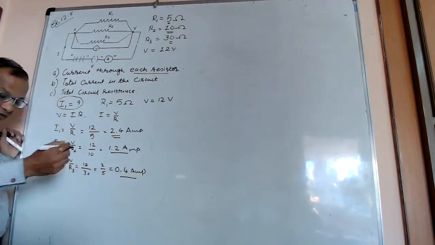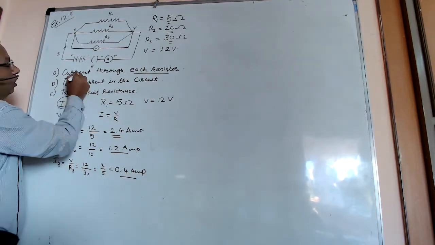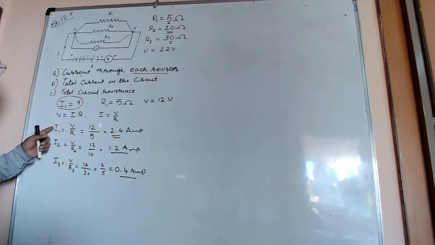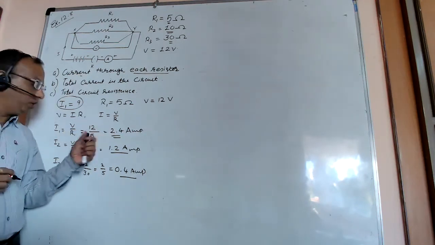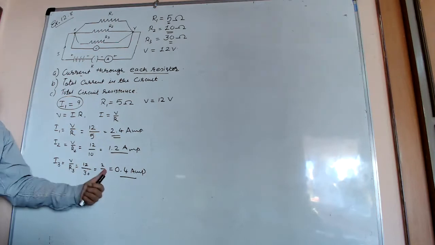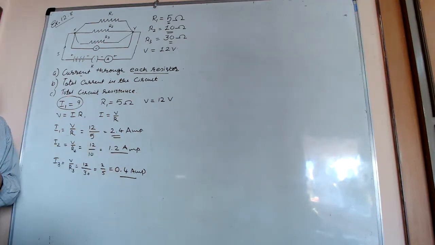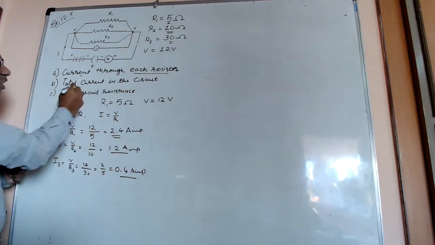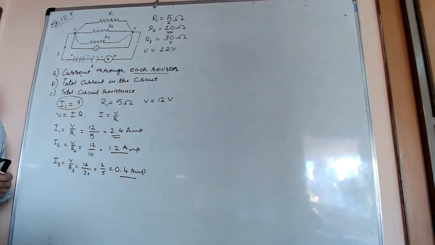So here you got the first thing, the current through each resistor. The first resistor's current is 2.4 ampere, the second resistor's current is 1.2 ampere, and the third is 0.4 ampere. So three currents we obtained. Second is the total current in the circuit.